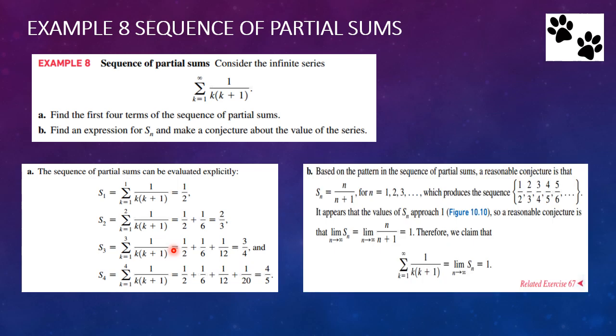Based on the pattern in the series, a reasonable conjecture is that s sub n equals n over n plus 1 for n equals 1, 2, 3, which produces 1/2, 2/3, 3/4, etc. So looking at these values, 1 over 2, 2 over 3, 3 over 4, that's the pattern we notice.